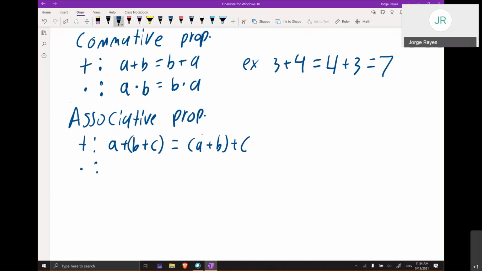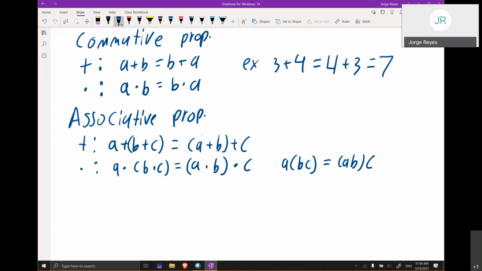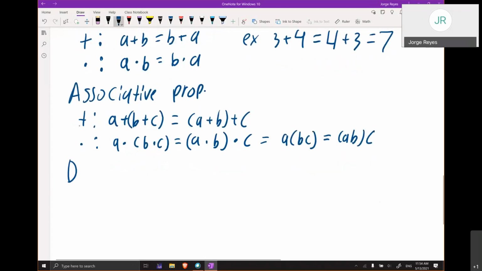Same thing with the times symbol. Frequently, especially with times, we don't even write the dot. A lot of the time we just put parentheses, and we assume this is multiplication. And then the last property is the distributive property.